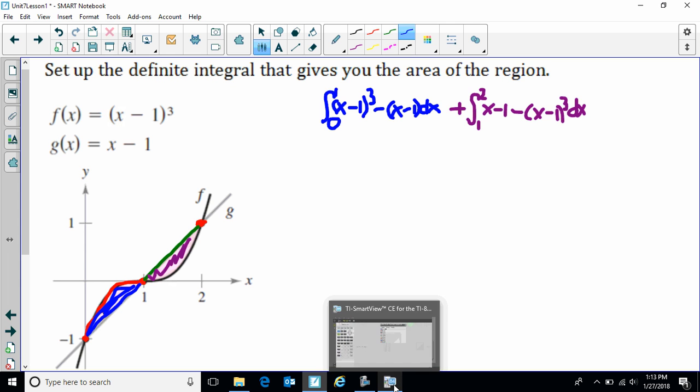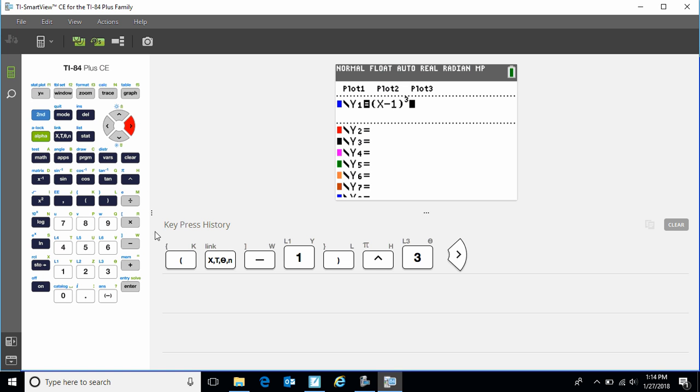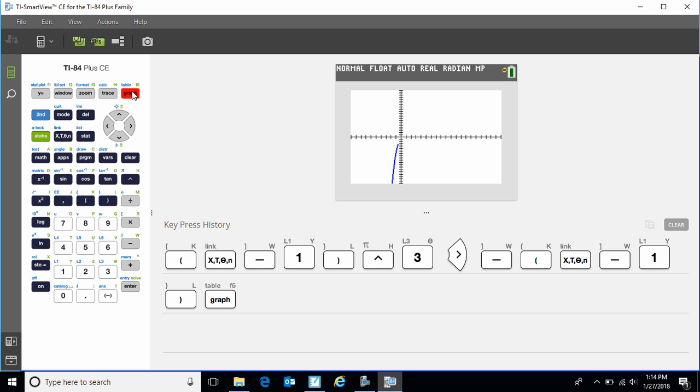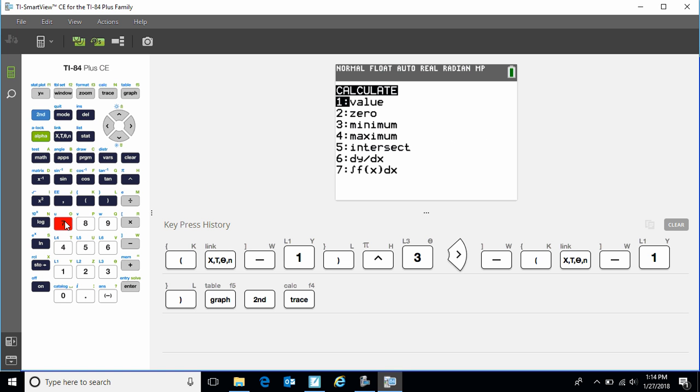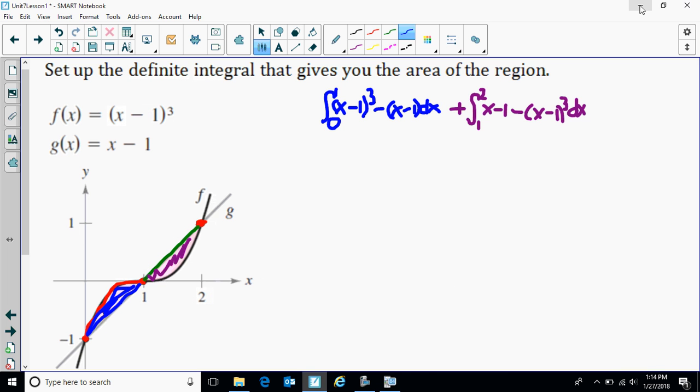So what I'm going to do is, in my calculator, I'm going to go to y equals and put in what I want to integrate, which is (x minus 1) cubed minus (x minus 1), and then I am going to integrate it, which is number 7 here, from 0 to 1. And my area there is 0.25.